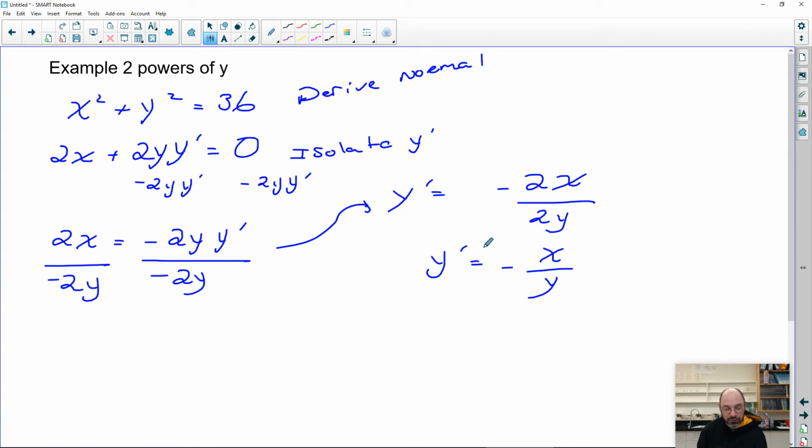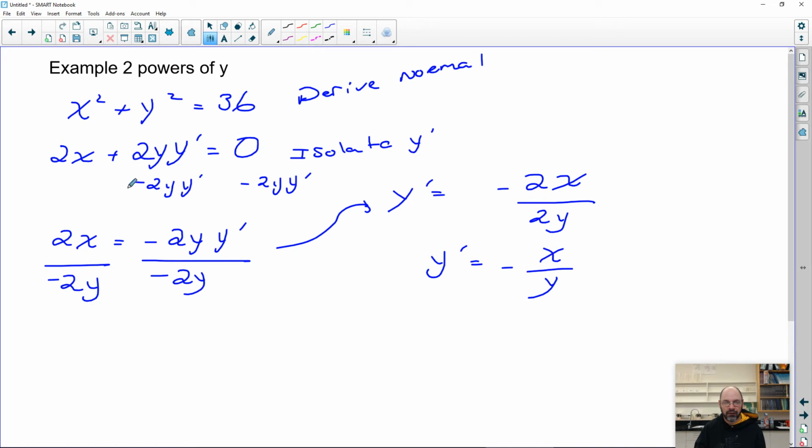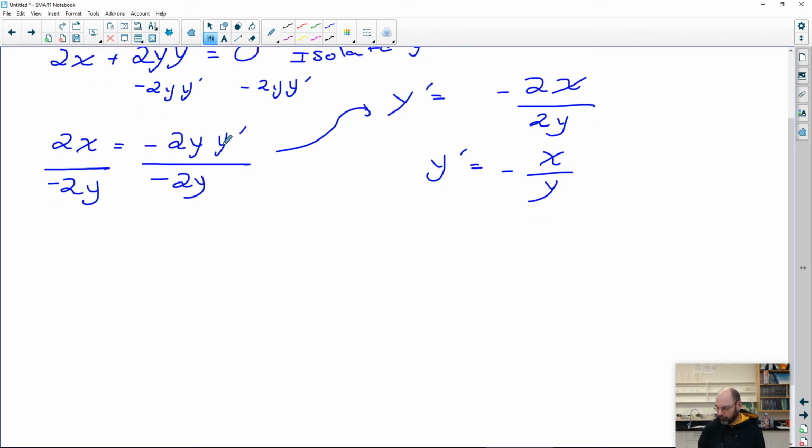Okay, so let's do an ellipse or a hyperbola, which is similar to a circle. So let's do an example like that. This is still part of example 2, more powers of y.